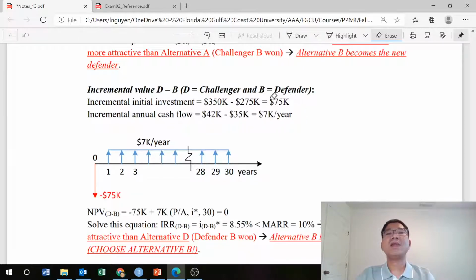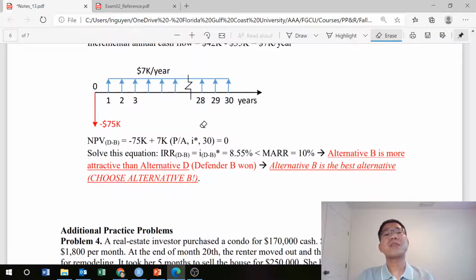So what does that mean? If I move from location B to location D, I put in an extra 75,000 of initial cost, and then I get more money, in this case 7,000 per year for 30 years. So that is the incremental cash flow if I jump from B to D. And with that, we do the same process.